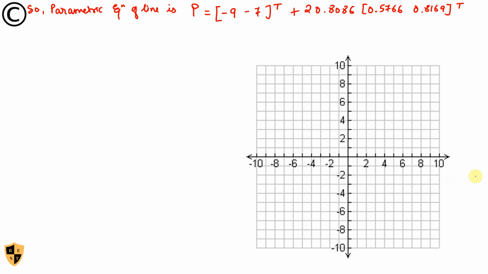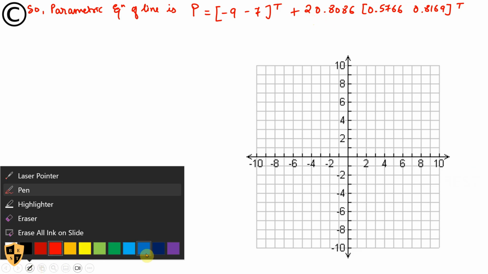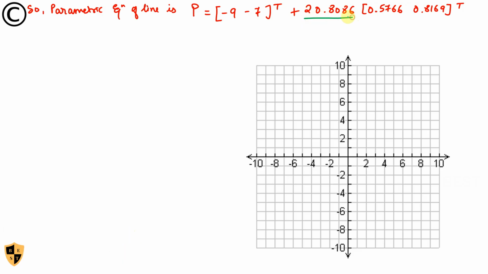Now in this case, if you can see over here, if I am just putting this value of the parameter as 20.8086, it means I am finding the last point of the line, so it's better to keep it as a parameter L, which will vary from 0 to L max. Right, so let's do this.